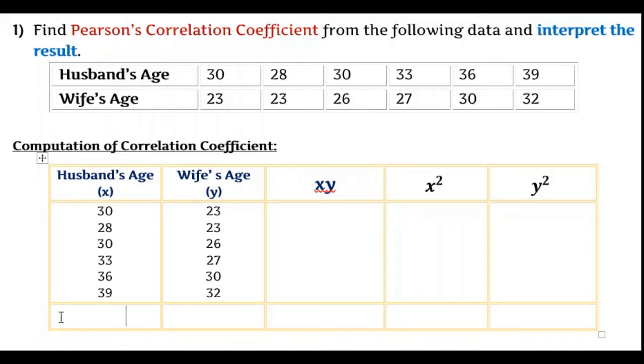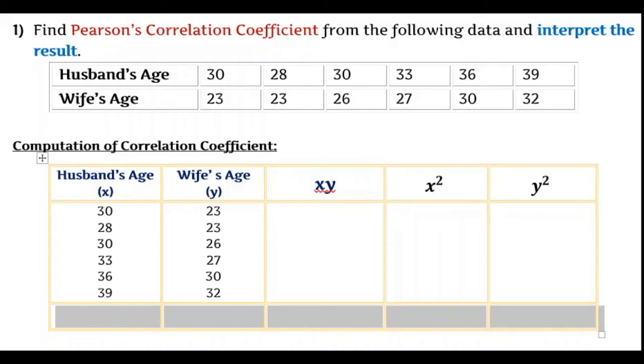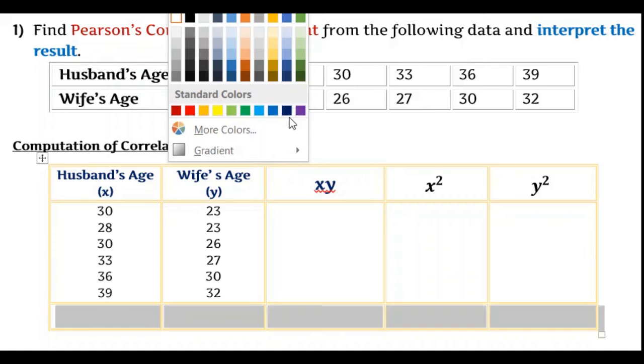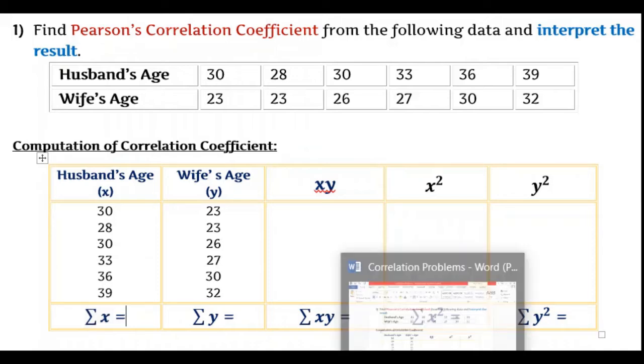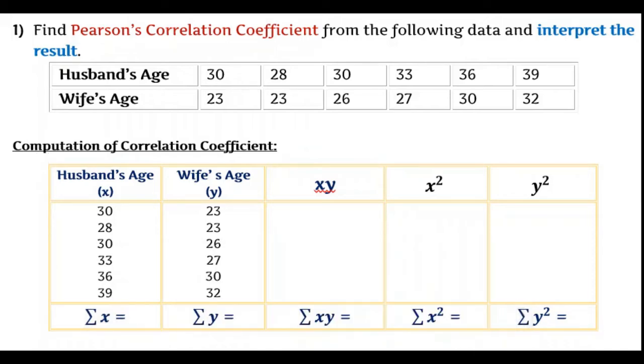So next let me calculate the totals which we need. We need sigma x, the total of x, sigma y, sigma xy, sigma x square and sigma y square. So these are the values which we need, and I'll be writing them here. First we'll calculate the sum of x, which is sigma x. You use your calculator, I'll use my calculator.